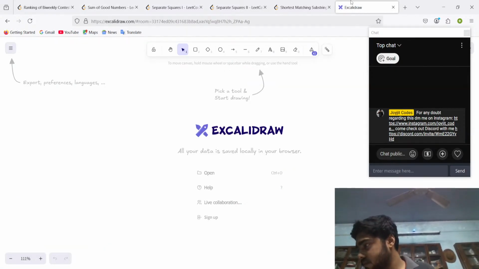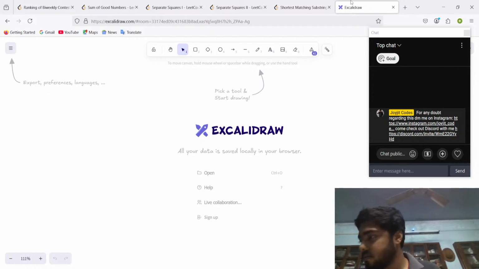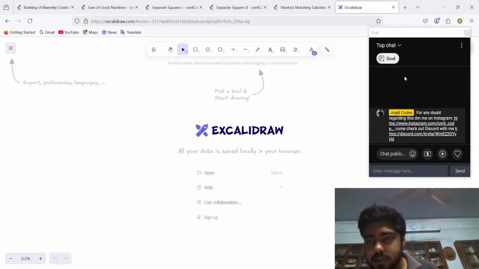Now see, I think this is not that hard a question to solve, but if someone is viewing this, just tell me, do you want me to explain it in Excalibur or just go through the code first?